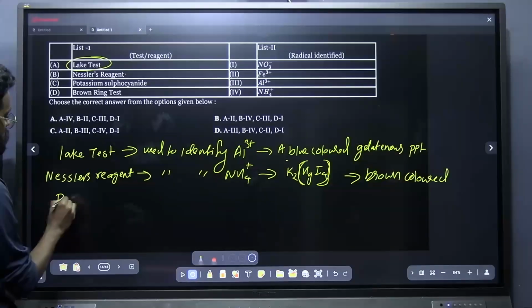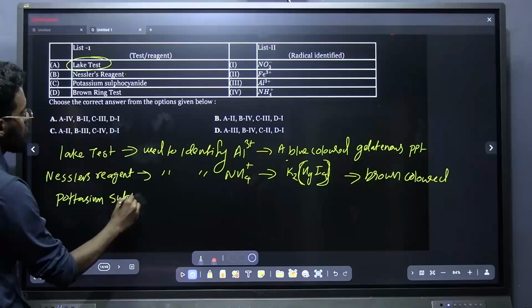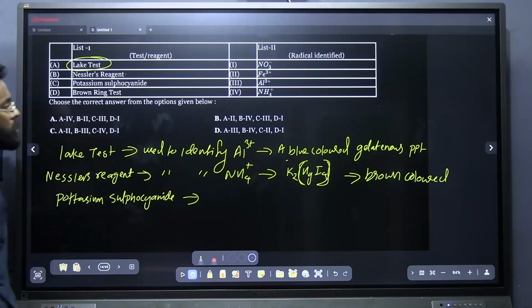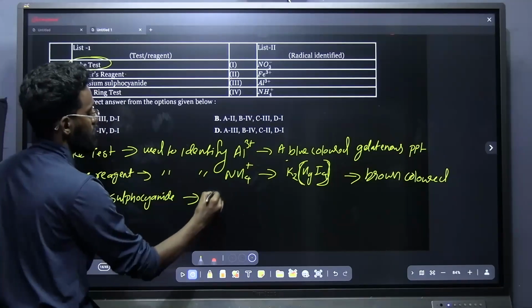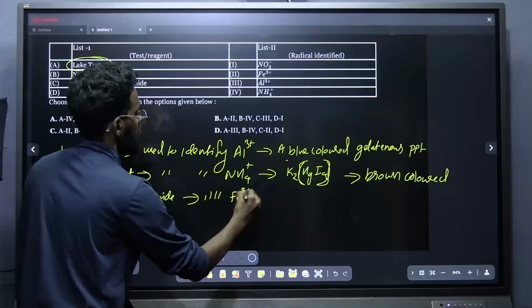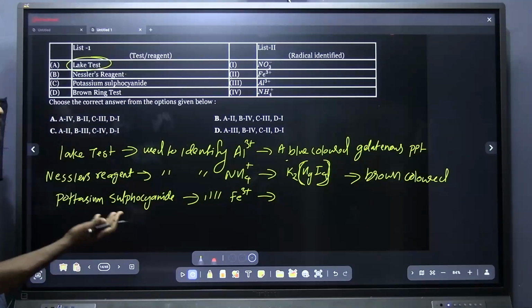Okay, now potassium sulfocyanide. Potassium sulfocyanide is used for the identification of which metal? All of you know this one. It is for iron. And we did this experiment in our childhood days.